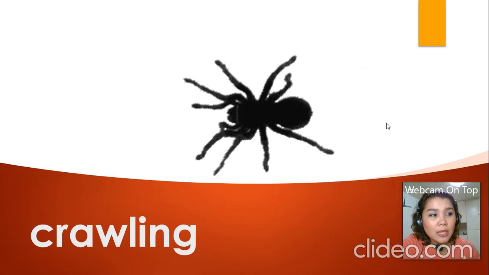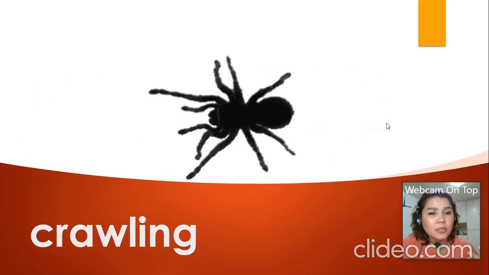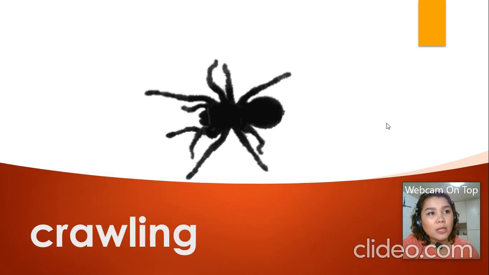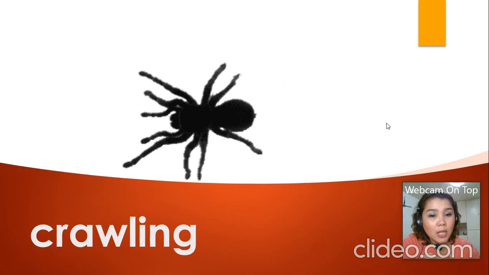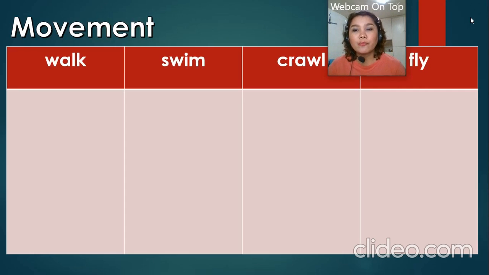And some animals, it's considered walking, but not necessarily walking, it's crawling already, because more of the body part is closer to the ground. When it comes to movement, we can group animals according to the actions they do: if they walk, swim, crawl, or fly.